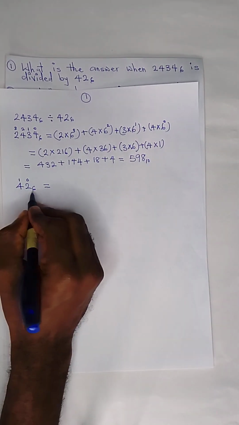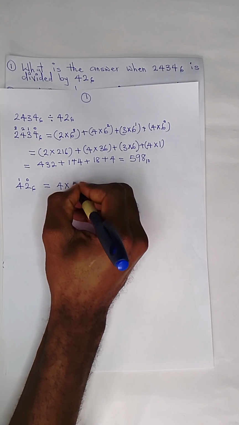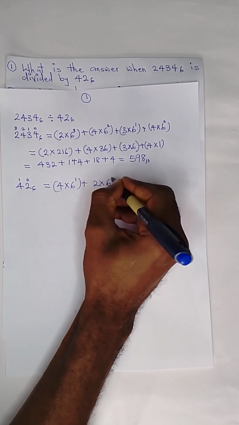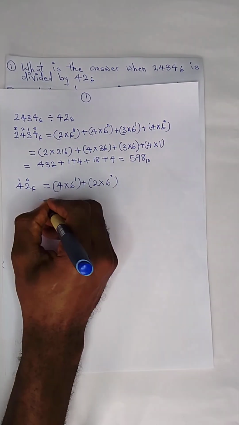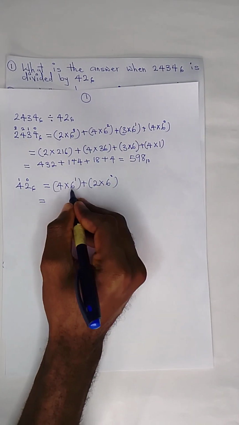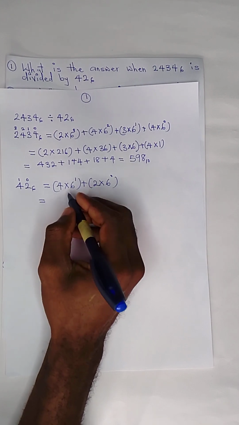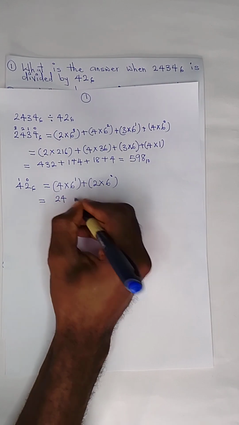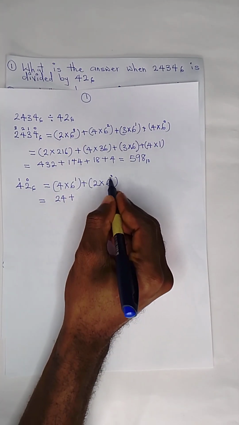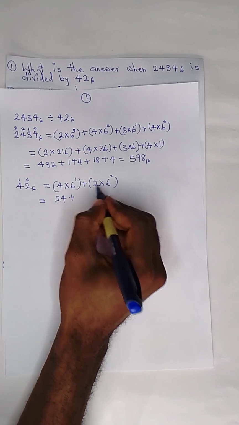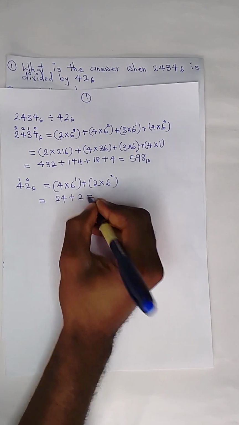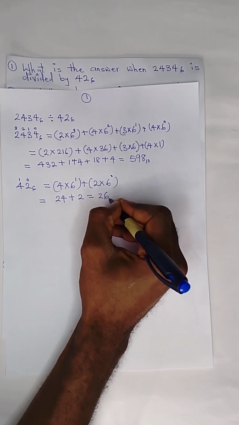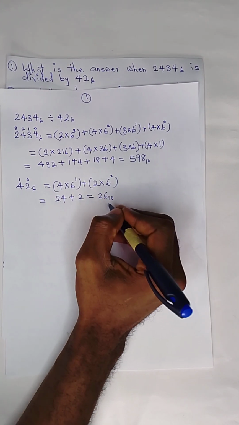Then I multiply: 4 times 6 raised to power 1 plus 2 times 6 raised to power 0. 6 raised to power 1 is 6, so 4 times 6 is 24. Then 6 raised to power 0 is 1, so 2 times 1 is 2. So 24 plus 2 is equal to 26. So this 26 is in base 10.